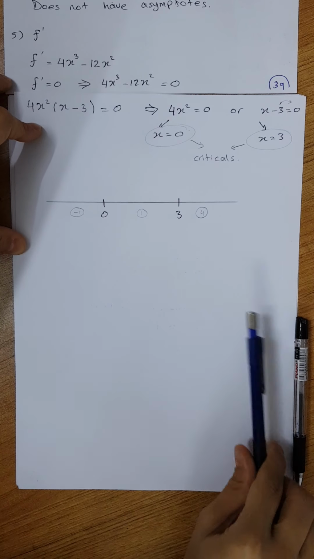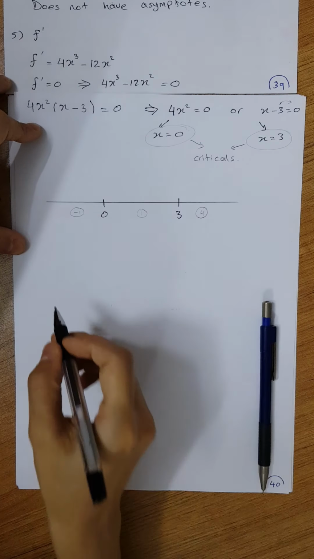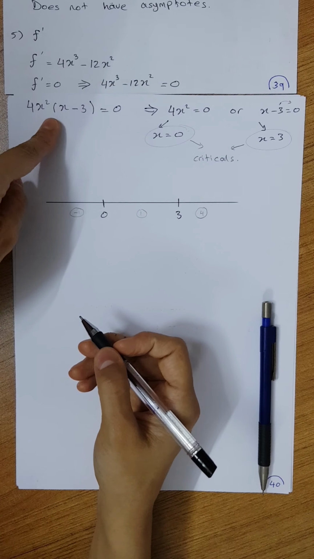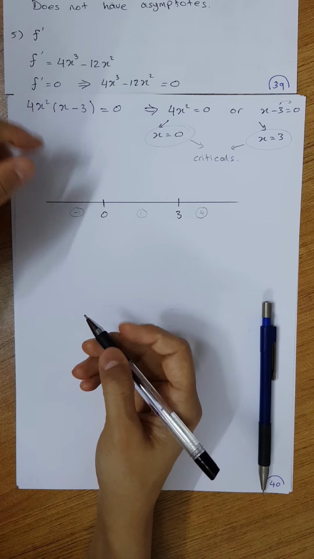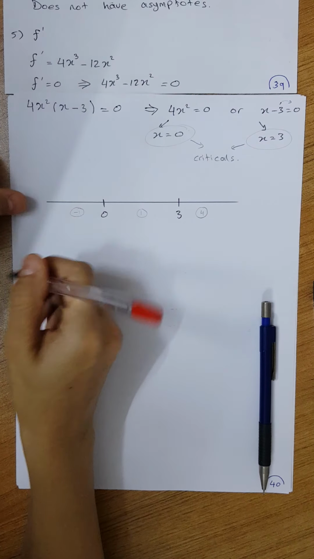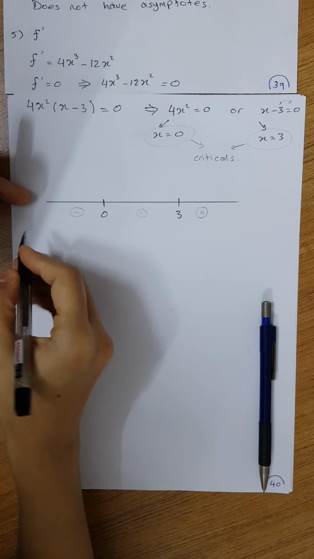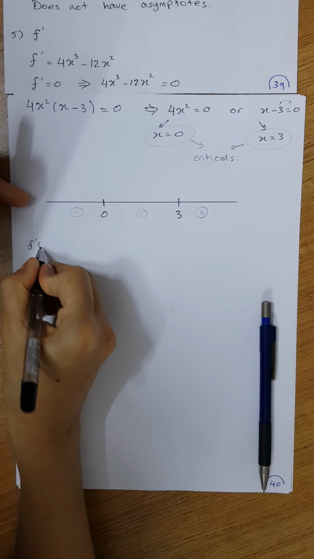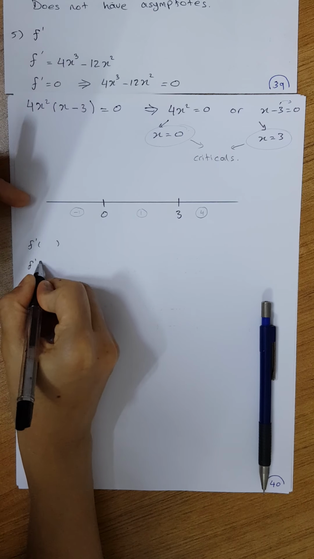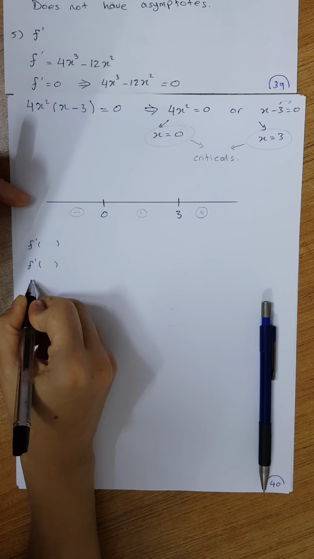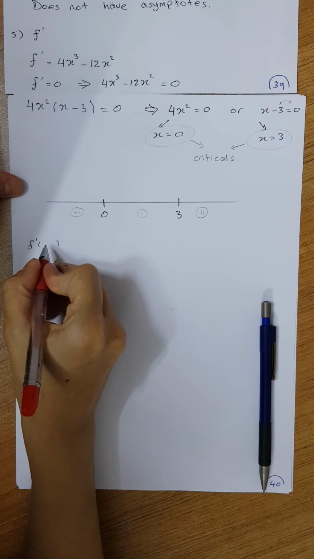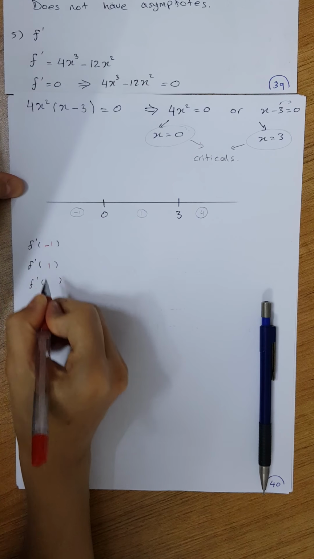Now we are putting those numbers into the first derivative of the function. Of course, I told you to put it in the factorized one because it would be easier for you to calculate. If I put -1 in here, what will I get? Let me write it for you here. I have to find f prime of -1, f prime of 1, and f prime of 4.